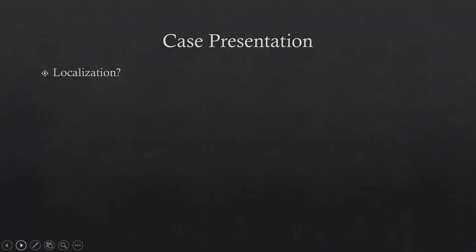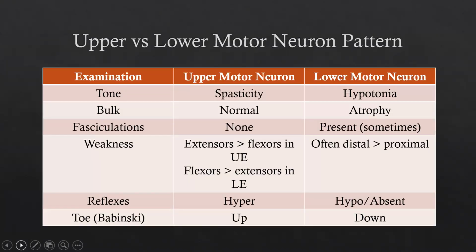The most important thing with such a pattern is that a stocking sensory distribution tells you that what you're dealing with could potentially be a lower motor neuron lesion more than an upper motor neuron lesion. You also have to relate tone to the patient before you.